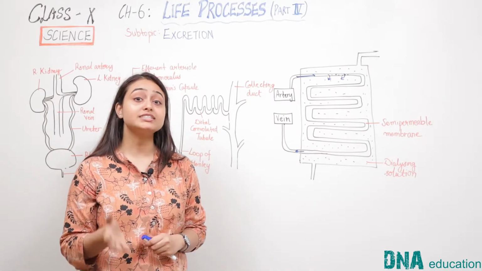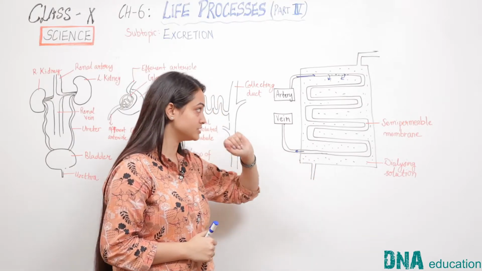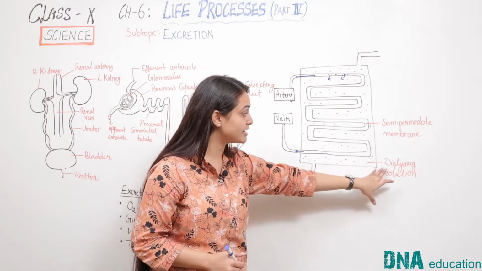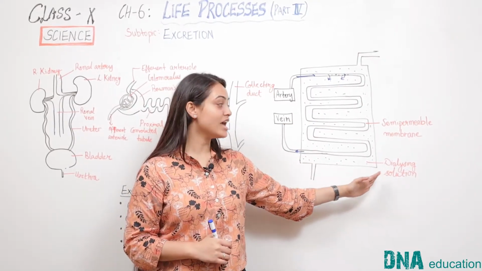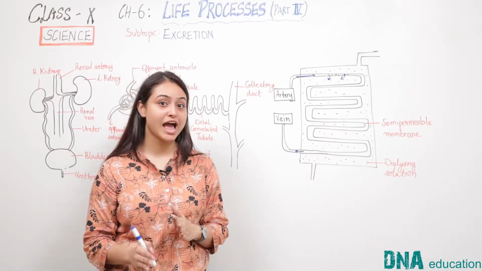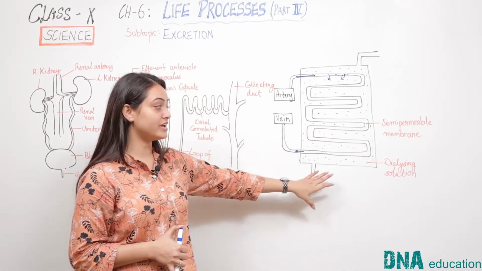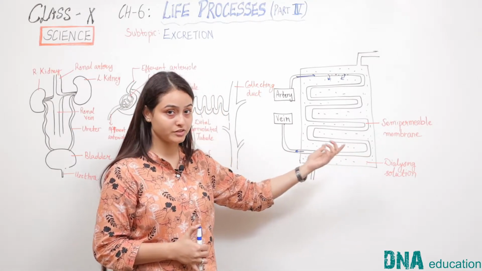These substances are the waste substances which are required to be removed from the blood. The complete membrane is dipped in a dialysing solution contained in a vessel. This dialysing solution has the exact composition of the blood except for blood cells and the waste materials. So basically this is primarily the plasma part of the blood.